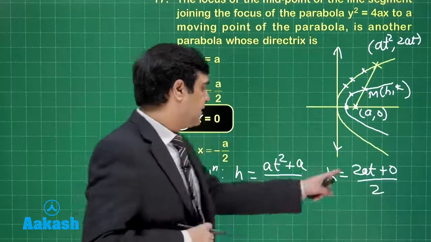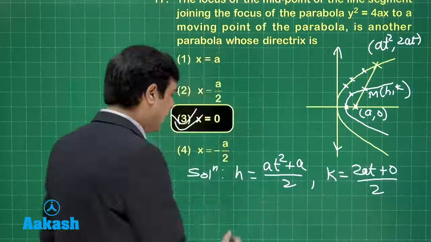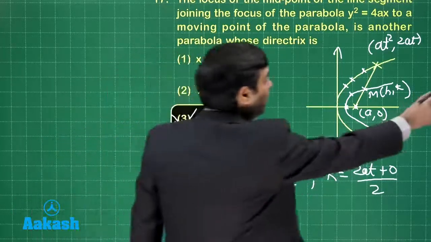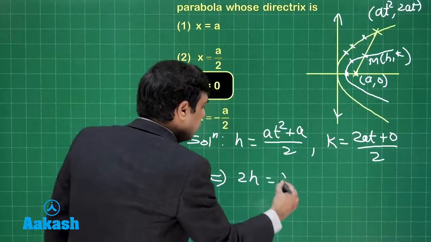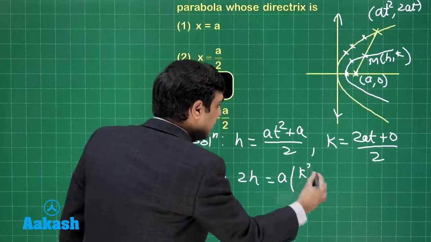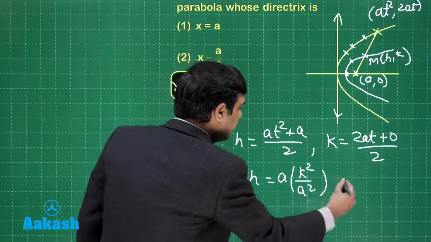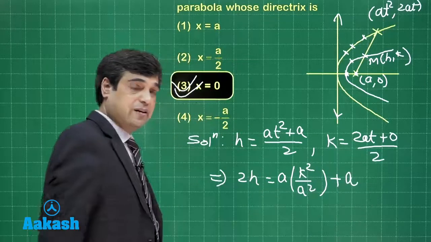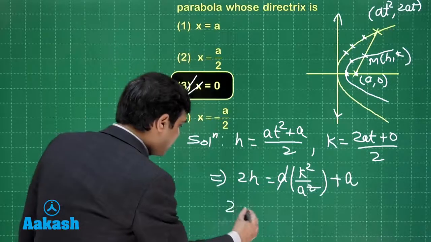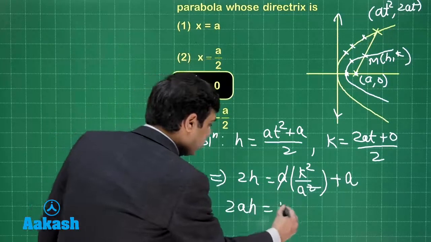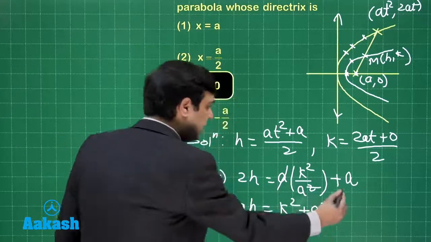From here I can see that t is equal to k by a. Put this term in order to eliminate t. So this is 2h is equal to a multiplied with (k square by a square plus 1). Correct? One a is cancelled. Take LCM, this gives you 2ah is equal to k square plus a square.